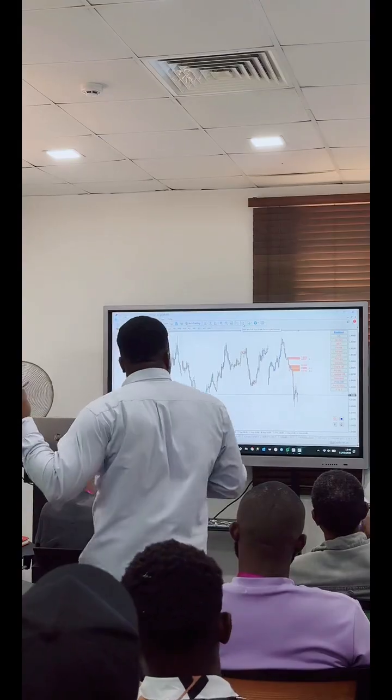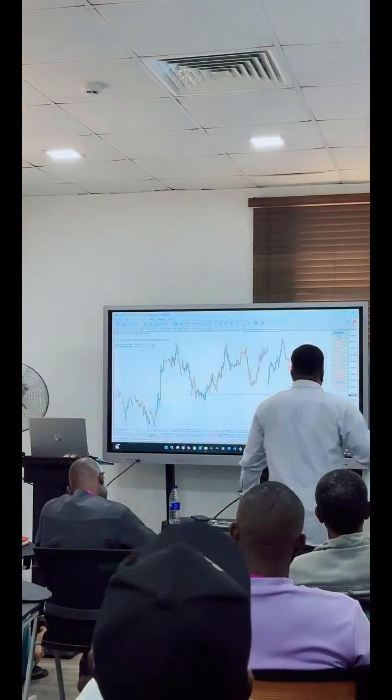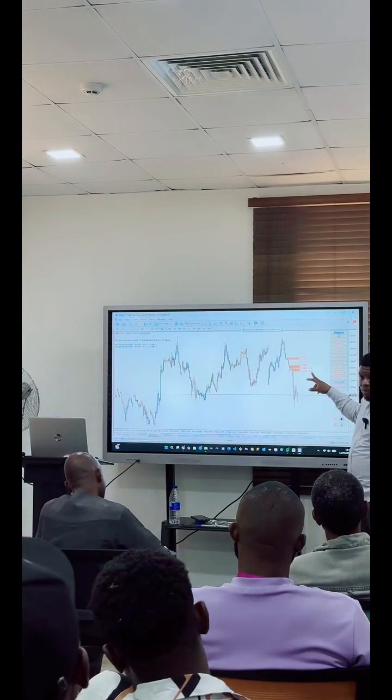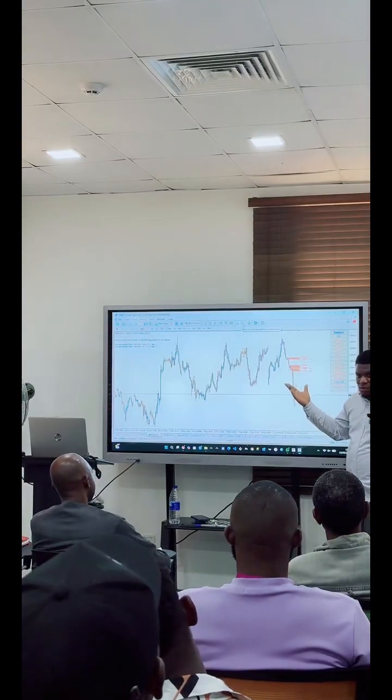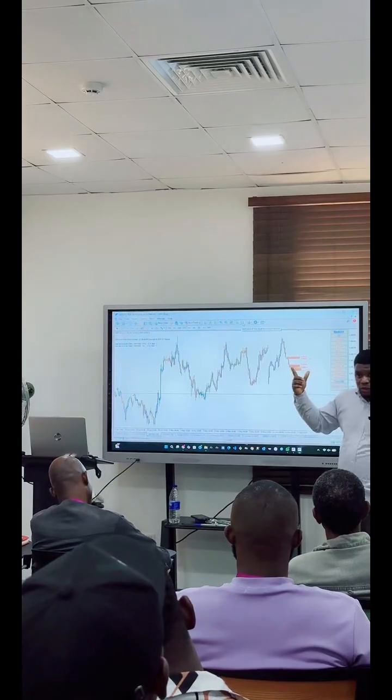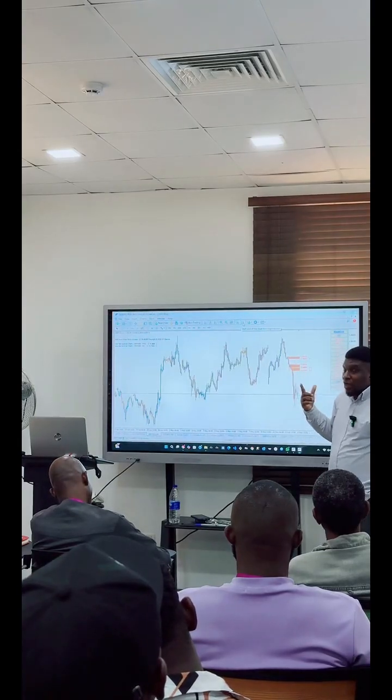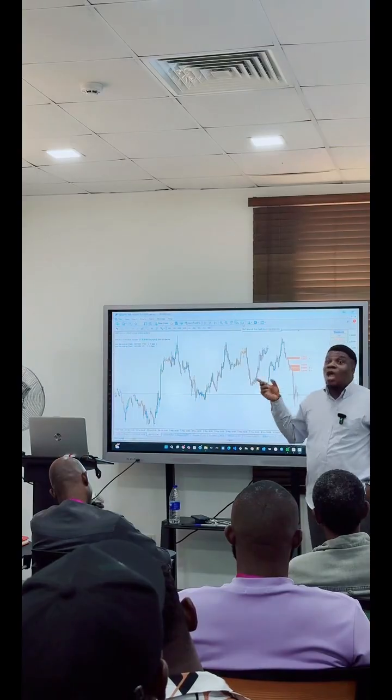It will go up. From here like this, it will start going up. Or it will get to a point and start going up. It will get to a point. You know, it's easy to say to get to a point and start. Where is that point?